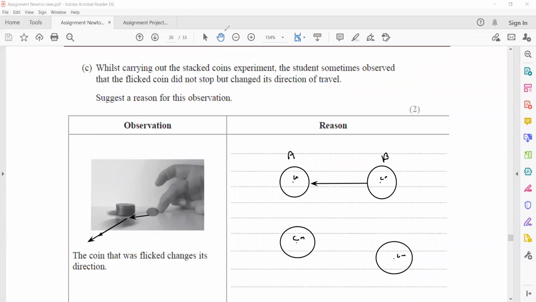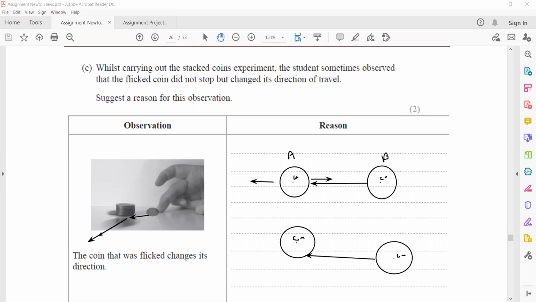in that case we observe that it will change its direction. So how do we explain this? In the first case, when it collides, there's a force of B on A, and a force of A on B, so it will completely stop.